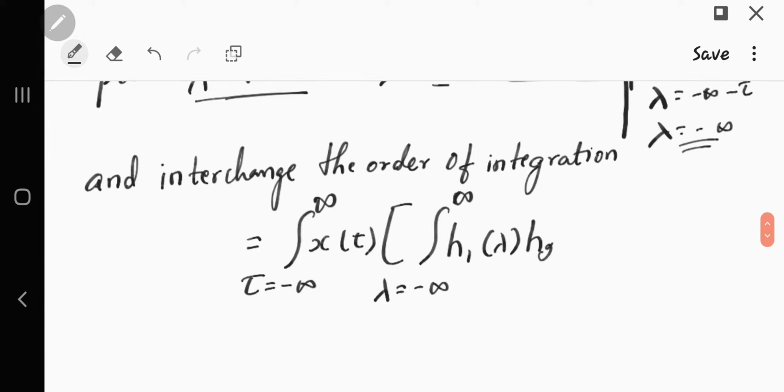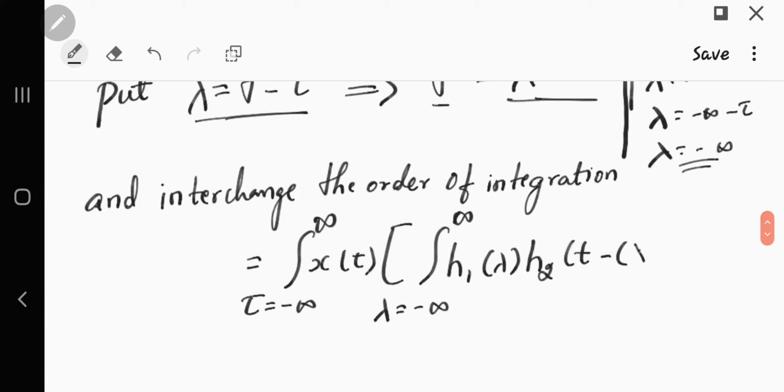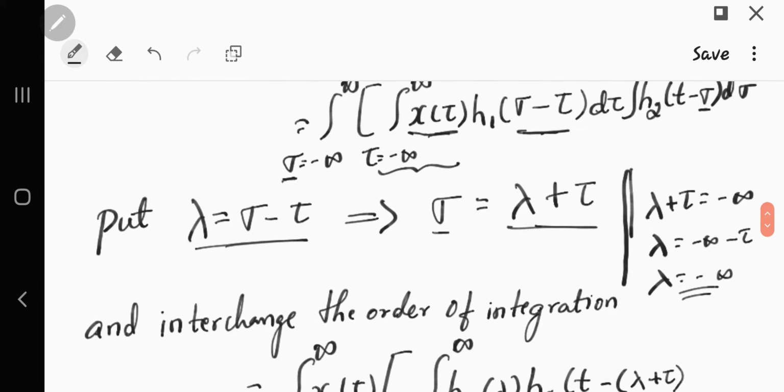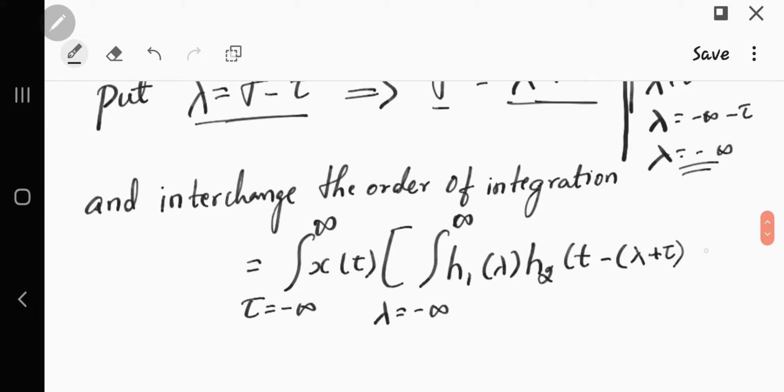So that becomes h2 of t minus of lambda plus tau. Then our integration term d lambda, and then this whole term d tau.